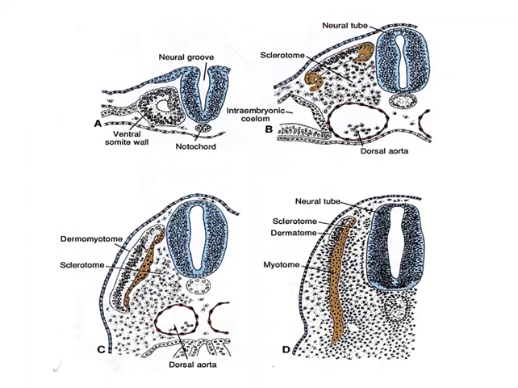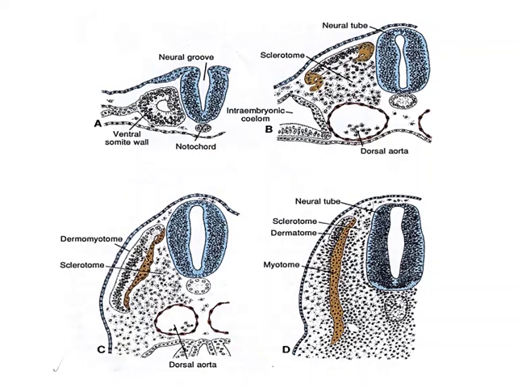Here, this is the neural groove and notochord, and here you have the paraxial mesoderm and somites. Here's the ventral wall of somite, and it's arranged into sclerotome in this region and dermomyotome in this region.